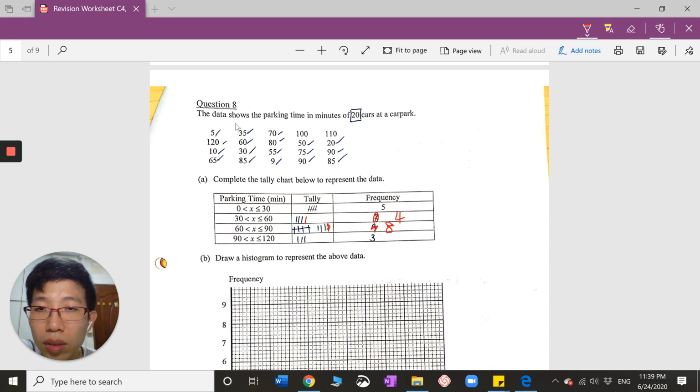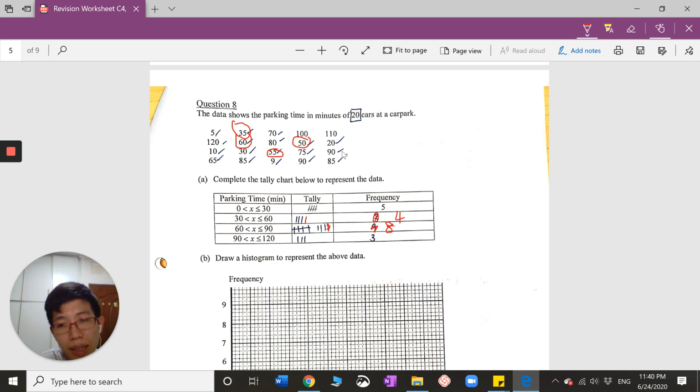So there's 1, 2, 3, and 4. The rest of the data, I just need to count how many data fit in the region. After that, put down the frequency.